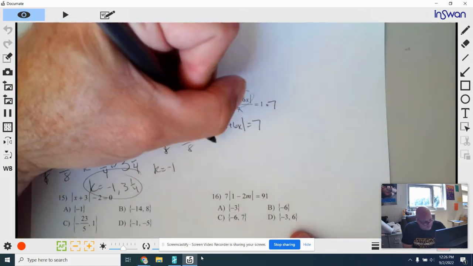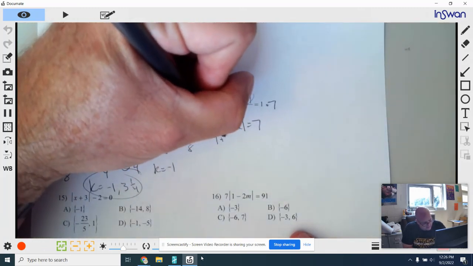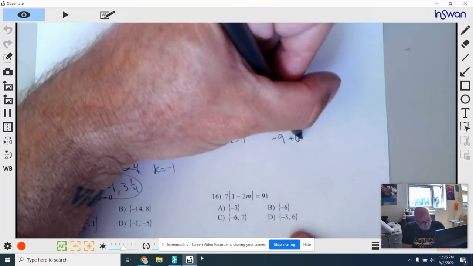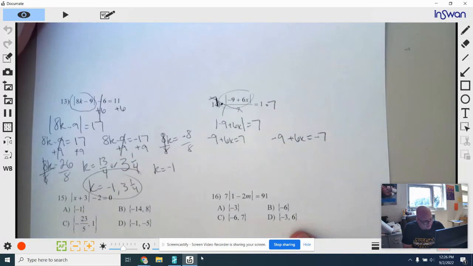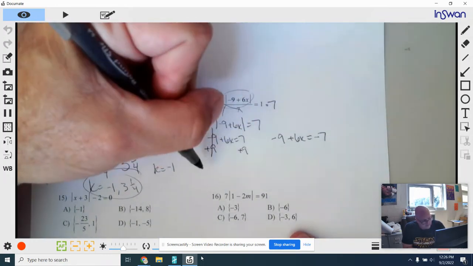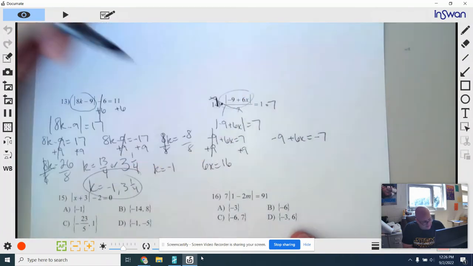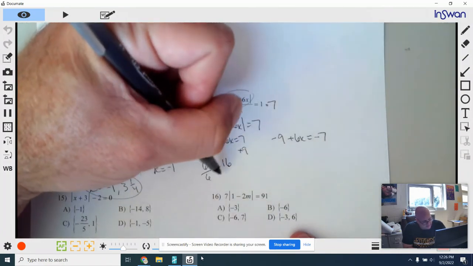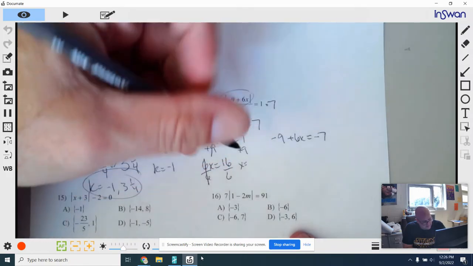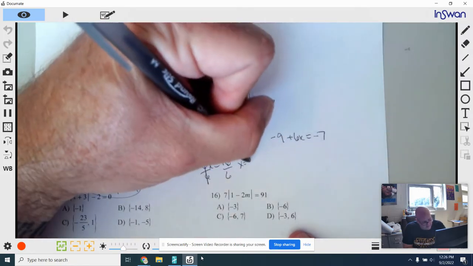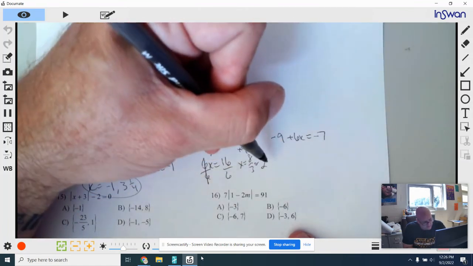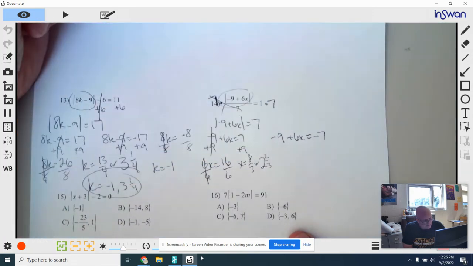Okay, now it's isolated, so I can make two different problems. Negative 9 plus 6x equals 7, and negative 9 plus 6x equals negative 7. Okay, we'd add 9 to both sides. We get 6x is equal to 16. Divide by 6. So x is going to be equal to, I'm going to cut that in half, 8/3, or 2 2/3.